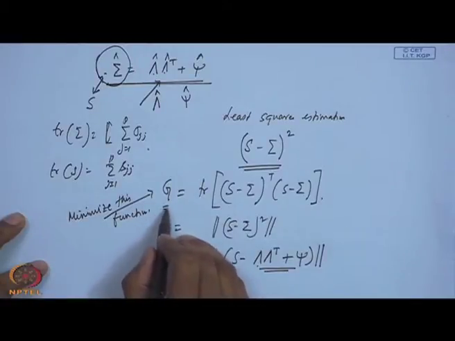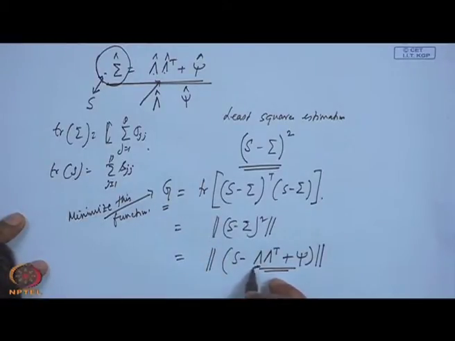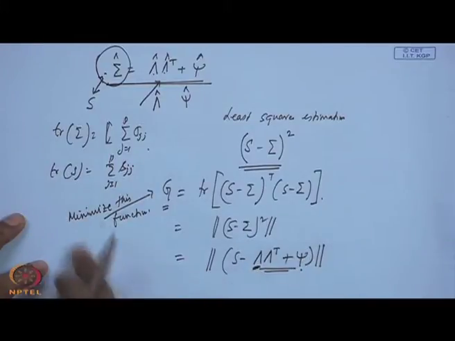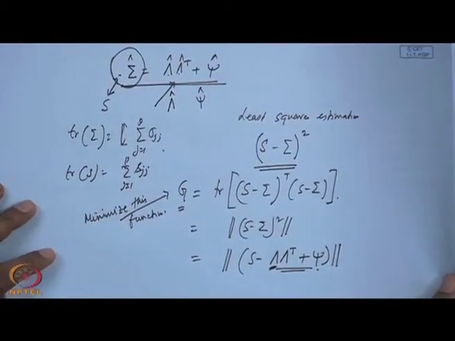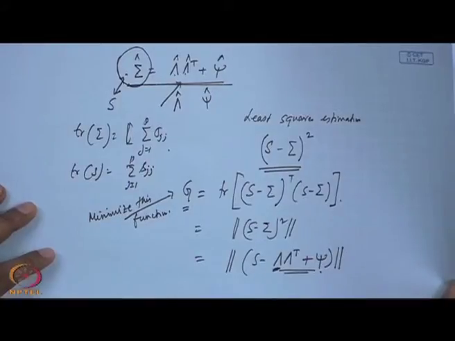you will find out that your capital lambda as well as psi are the unknown parameters. Okay. If I take the derivative with respect to lambda, what is required here is that we have to initialize the values.